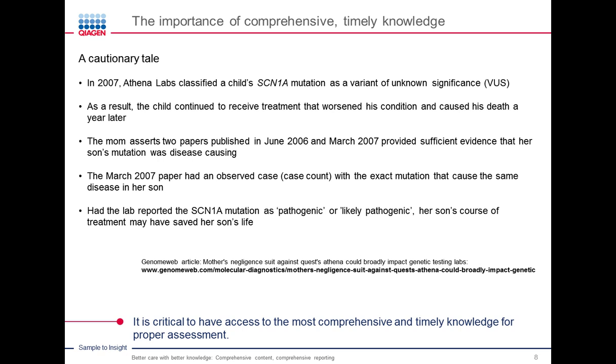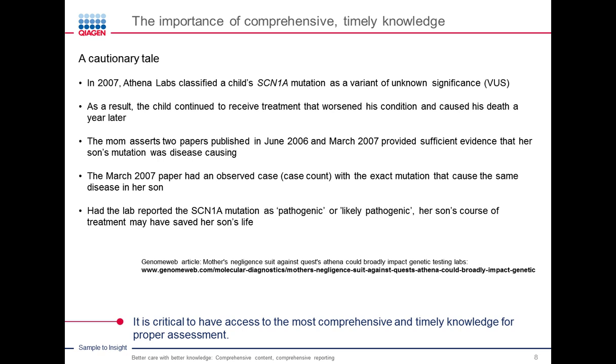the lab at the time should have noticed or should have had access to 2 publications at the time of that test. And she claims that back in June 2006 and March of 2007, there were 2 papers that provided sufficient evidence that might have changed the classification of her child's mutation. In fact, there was a March 2007 paper that had an exact patient with the same mutation and the same phenotype that her son had.